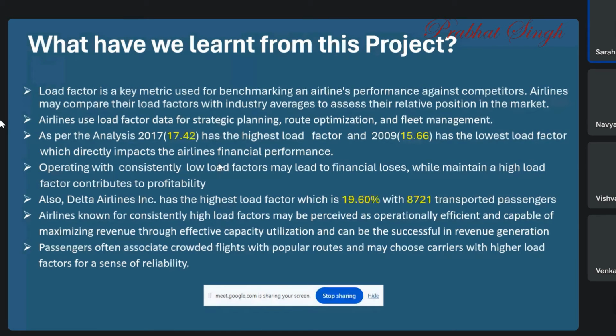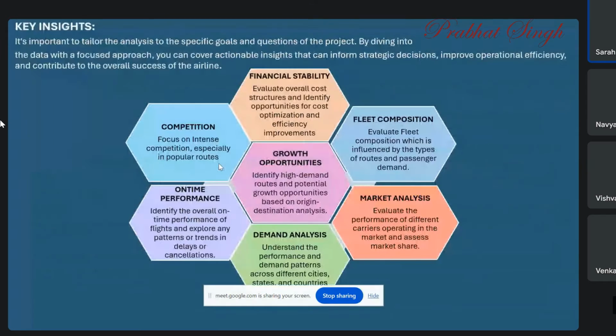Passengers often associate crowded flights with popular routes and may choose carriers with higher load factors for a sense of reliability. And this will be the greatest strategy and forward thinking.